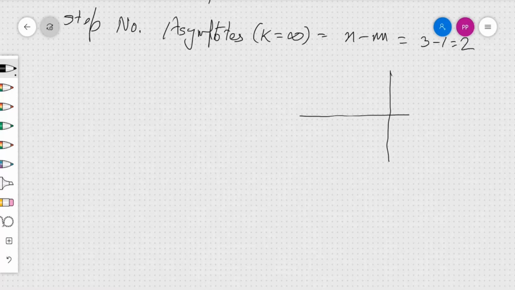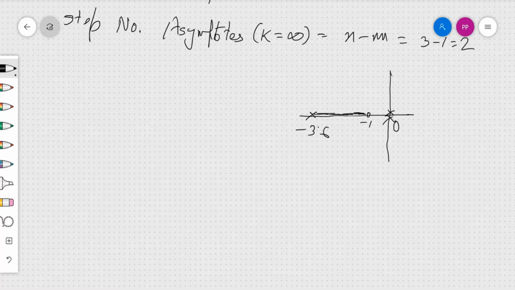So we have the zero at minus 1, the pole at minus 3.6, and a double pole at the origin. The trajectory between minus 3.6 and minus 1 is the locus, because there are an odd number of poles and zeros to the right of this. So this is the locus.